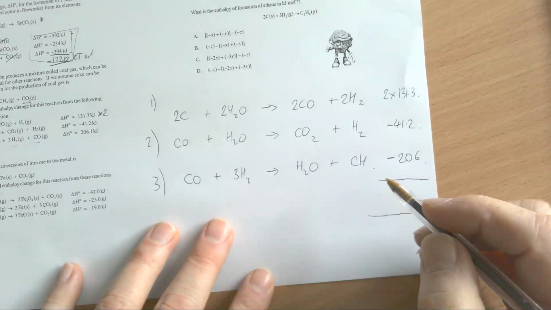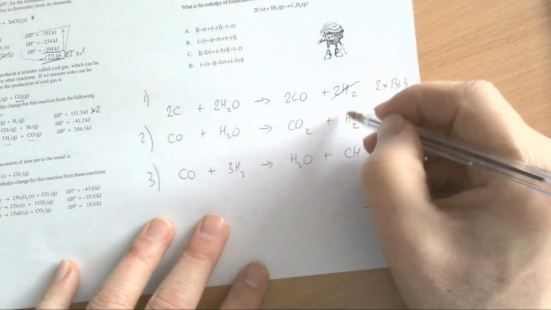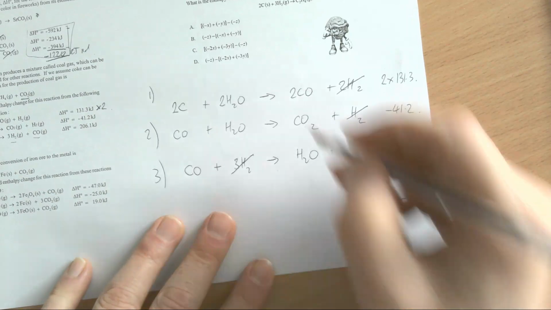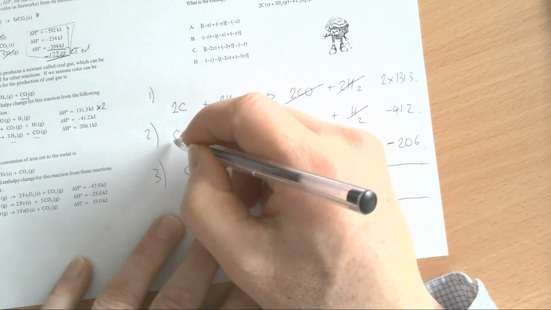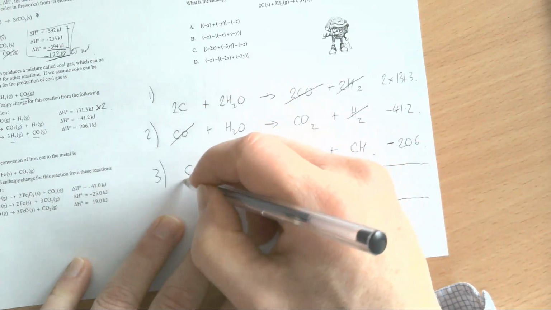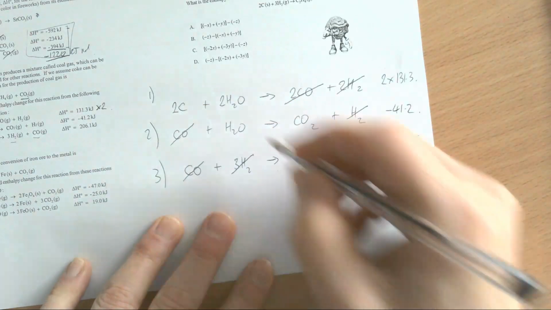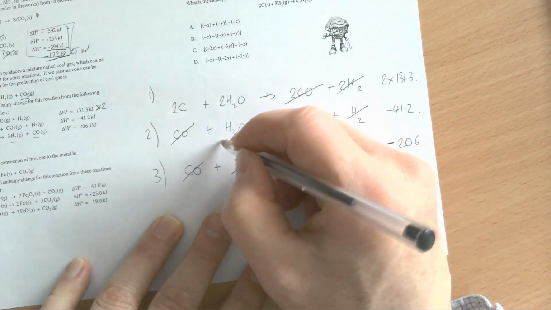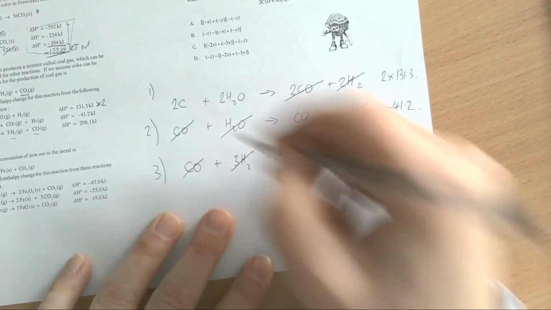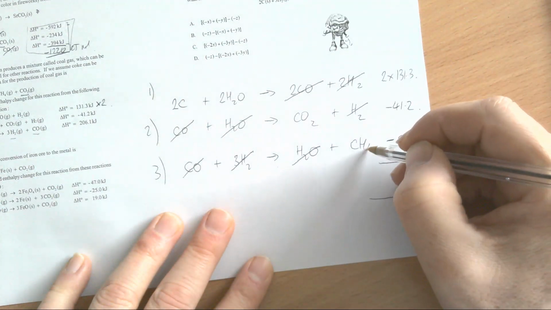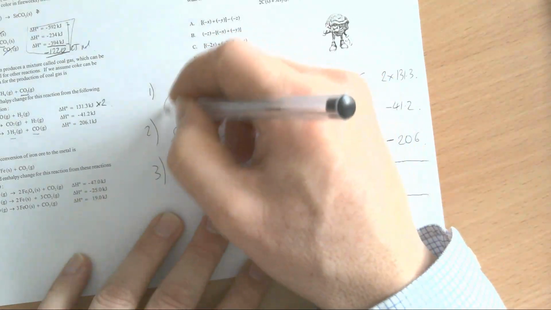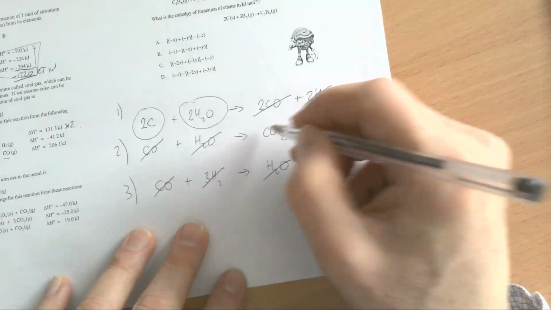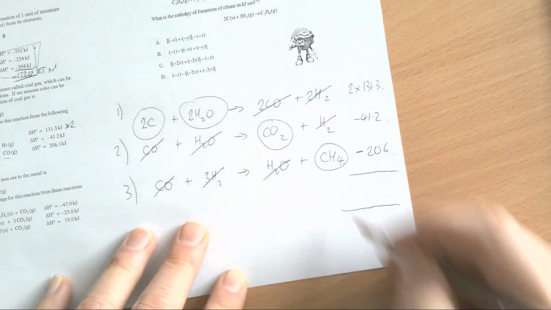Now if we check to see this has worked, we've got 3 moles of hydrogen produced and then used up, so they cancel out. We've got 2 moles of carbon monoxide produced but then used up. We've got 3 moles of steam being used and 1 being produced, so we cancel out one of them, and then we're left with the balanced equation that we're supposed to have, which is 2 lots of carbon, 2 lots of steam, gives carbon dioxide and methane.